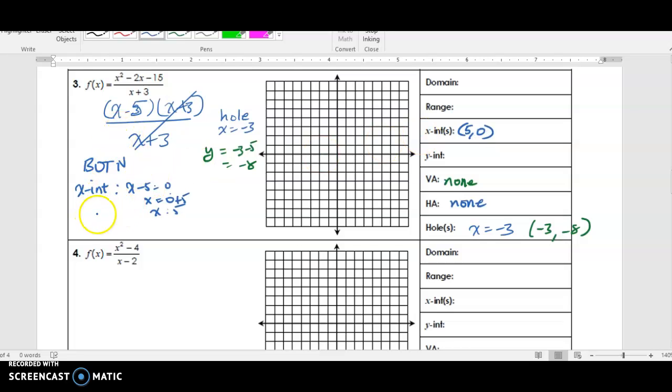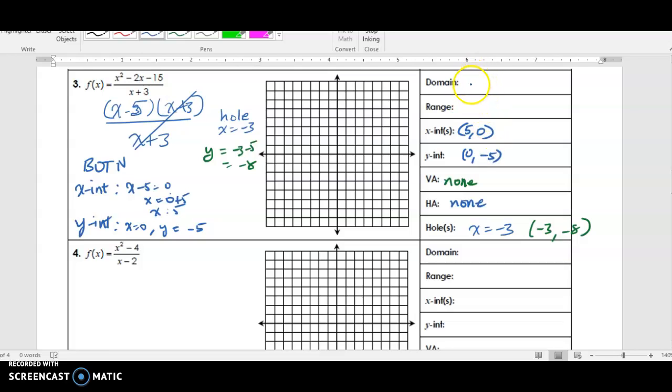And to find the y-intercept, you will plug in x value 0. For x equal to 0, y would be, you can do that in the beginning itself or even after, it doesn't matter, negative 15 over 3, which is negative 5. So the y-intercept is at 0, negative 5.